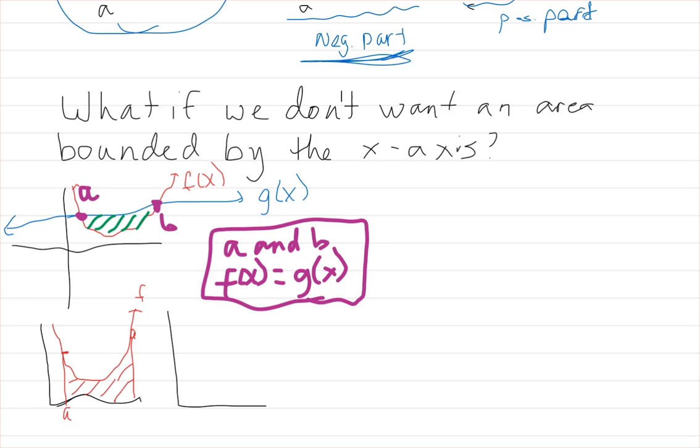Now, here's g of x, basically a straight line. Here's A, and here's B, and we've got some area. Now if you look very closely at this area in red and this area in blue and compare them to the picture at the top, I'm going to call this A1, and I'm going to call this guy here A2, okay?